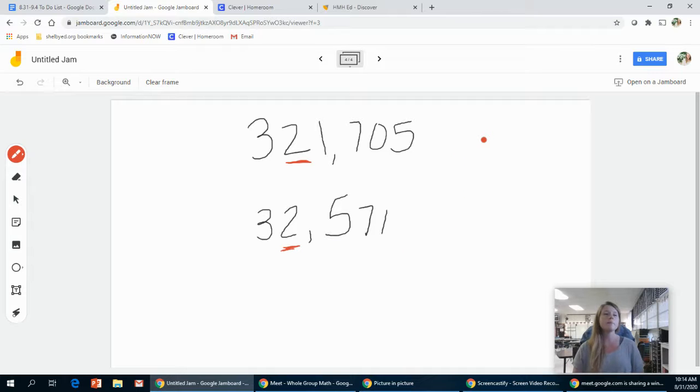Remember when I said how many ones it's going to take to get to a 10 in a base 10 block? How many ones will it take for me to trade to get a 10? Show me with your fingers.